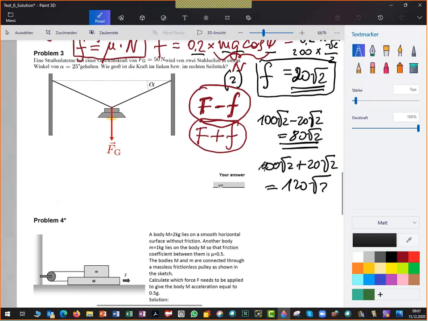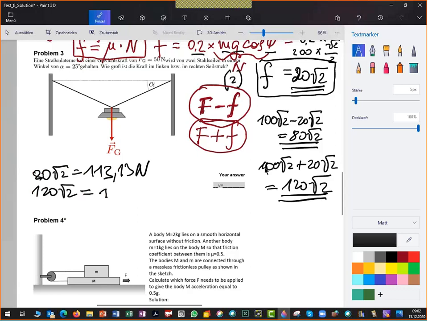And these are two answers. Of course, if you express them as numbers, it's not a mistake. So 80 square roots of 2 is equal to 113.13 Newton, and 120 square roots of 2 is close to 169.7.